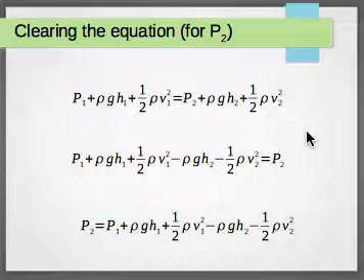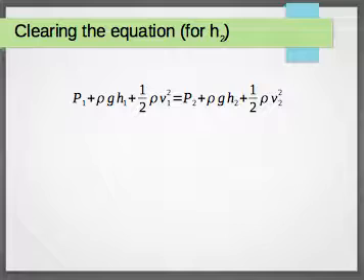You're just subtracting the same value on both sides of the equation, and that's what you have right there. So you have pressure 2 equals this, but if you prefer to have it on the left side, which is what I did right here, that will be the equation that you solve for to get pressure 2. Okay, so that's the clearing for pressure 2.